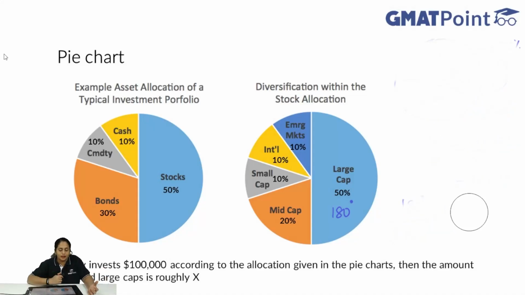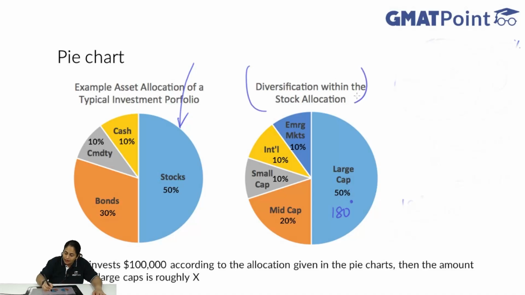Okay, so consider the pie chart that is given. It gives you an example asset allocation of a typical investment portfolio and the diversification within the stock allocation. This is your entire portfolio, of which you are putting half, 50%, in stocks, 30% in bonds, 10% in commodity, 10% in cash. Now this part is an expansion of the 50% given here.